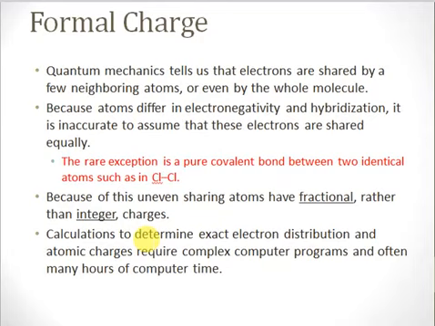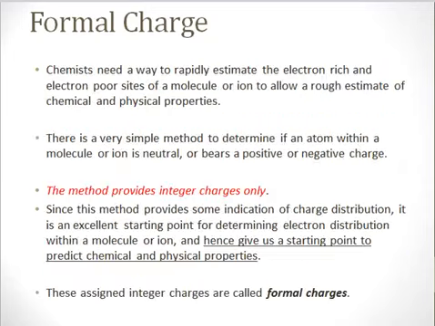So we cannot show an integer charge because we are here considering the covalent bond, right? And in order to calculate this fractional charge, there are complex computer programs which are very complicated, and also very much time consuming. So we as chemists need to know a rapid estimate.